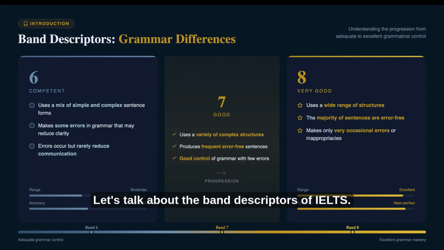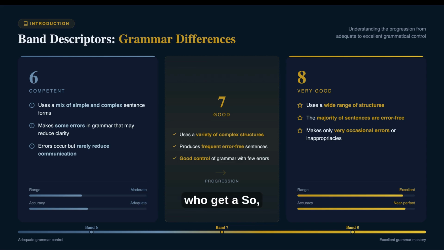Okay, let's talk about the band descriptors of IELTS. Let's look at the grammar differences between those who get a 6 band score, which is competent, then a 7 band score, which is good, and an 8 band score, very good. So let's get started with those who get a 6 band score. Yes, competent.